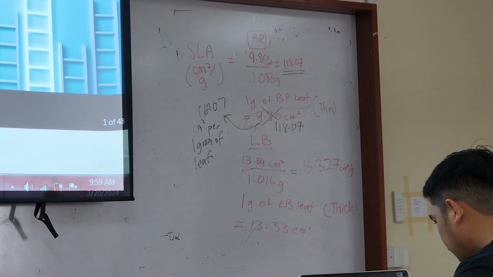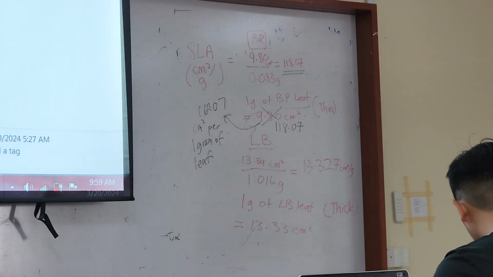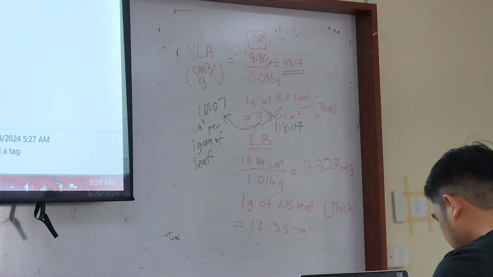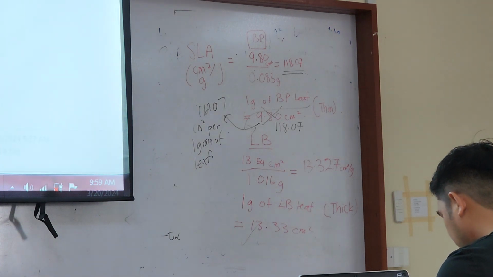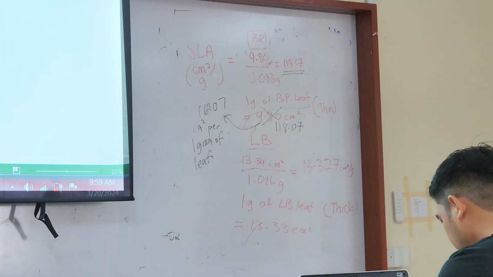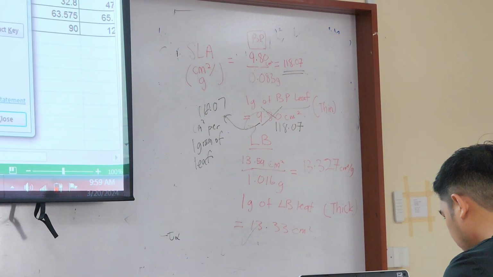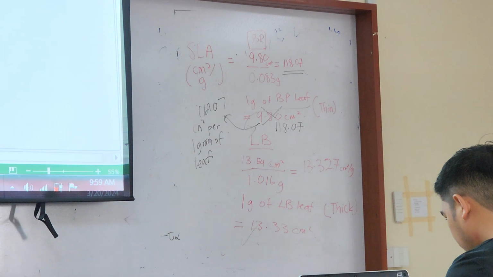Kenapa? As a scientist, you want to know kenapa. Cuba rasa leaf ni. Mungkin kau dah tertipu dengan illusion dia sebab dia ni ada texture velvet. Lepas tu dia ada protruding veins, urat-urat yang menonjol. Kita ni nak ukur daun tu, not just the urat.